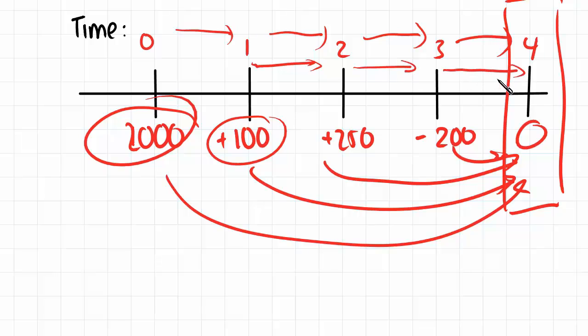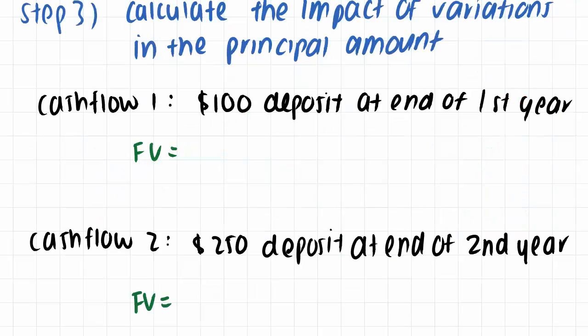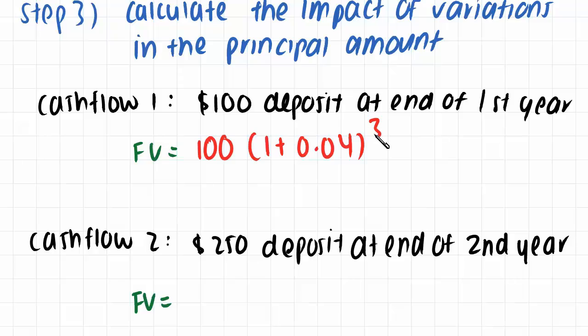So the future value formula would be 100 times 1 plus the rate per period, to the power of 3 years multiplied by the number of compounding per year. That would give us a future value of about $126.53, okay?